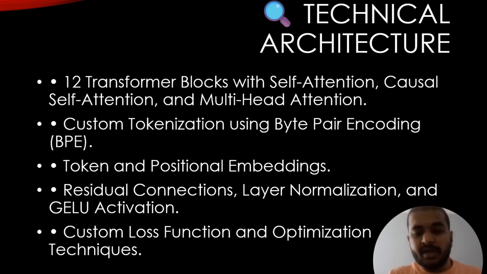For encoding, I have used byte pair encoding, with the tiktoken library. In the feed forward neural network, I have used the GELU activation function, which is widely used in large transformers like GPT-4 architectures.